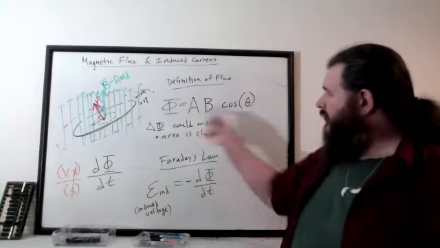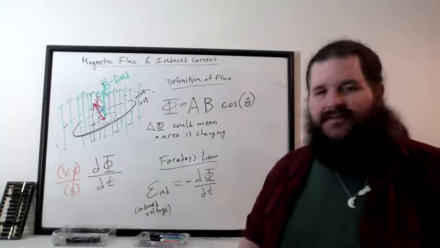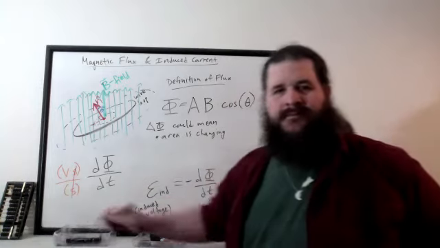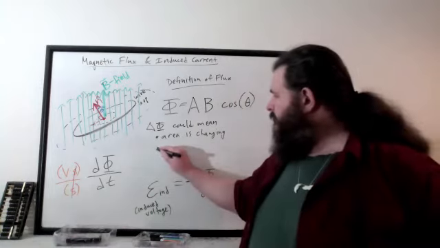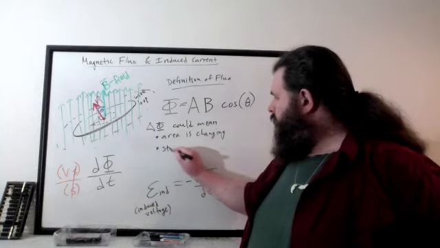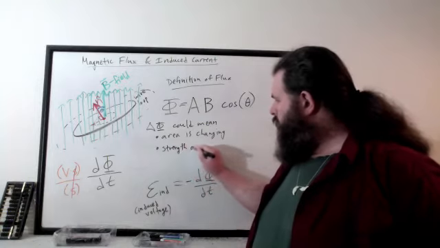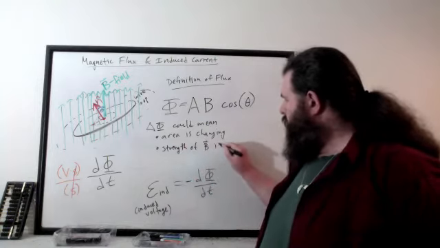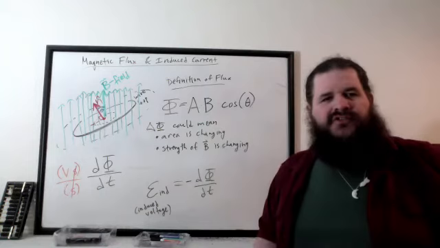What else in this equation could be changing as time passes? Yeah, the magnetic field strength could be changing. And how could you change the magnetic field?